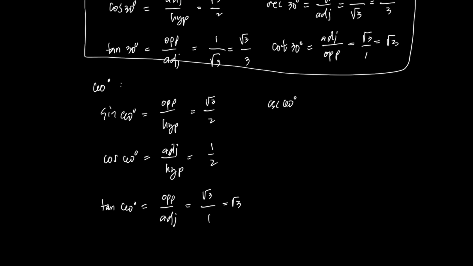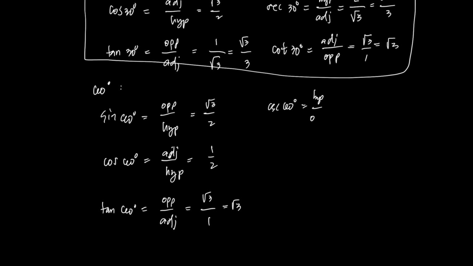For the cosecant 60 degrees, that's hypotenuse over the opposite, and that is 2 over square root of 3. And then rationalize, that's 2 square root of 3 over 3. For the secant 60 degrees, that's hypotenuse over the adjacent side, that's 2 over 1, or that's simply 2.